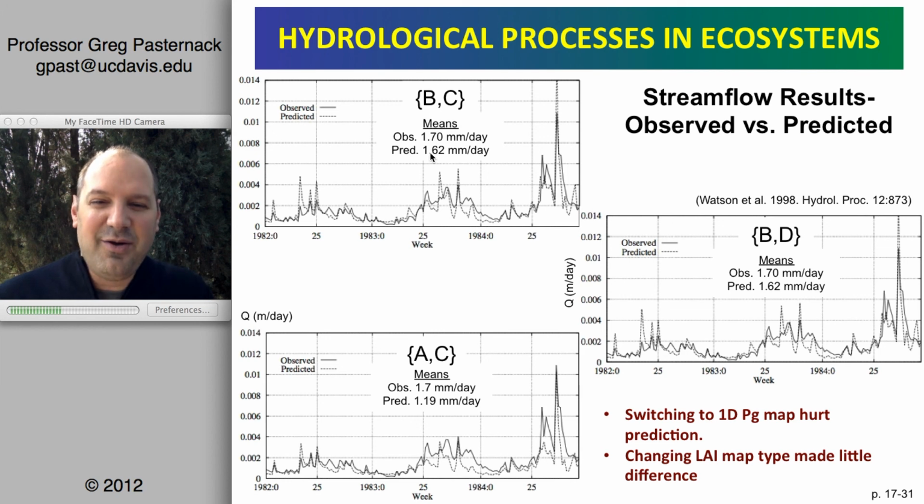But anyway, I digress. So if we look here, the mean observed in this test is 1.7 millimeters per day of runoff, and predicted was 1.62. So, of course, when you take all that variance and summarize it down to a mean value, it makes the model look pretty good. So now let's go to a more complicated situation where we distribute the leaf area index by the satellite map.